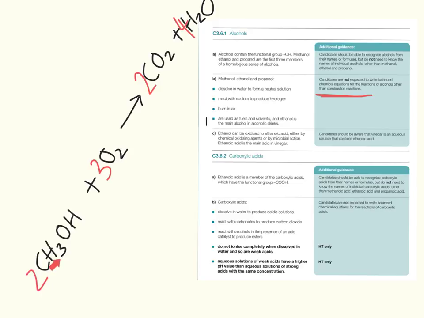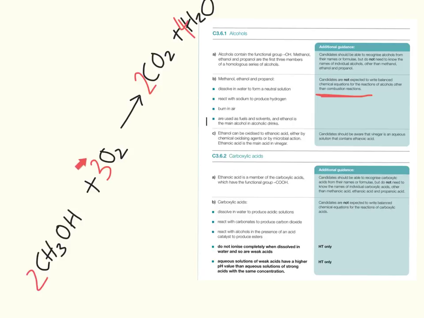We've got 2 carbons here, and we've got 2 over here, so carbons are balanced. Hydrogens, we've got 3 and 4 within the molecule, but we've got 2 lots of that molecule, so that's 8 hydrogens altogether. And over here we've got 2 within the water molecule, but we've got 4 lots of water molecules, so that's 8, so that's looking good.